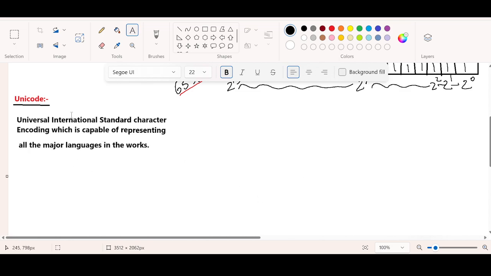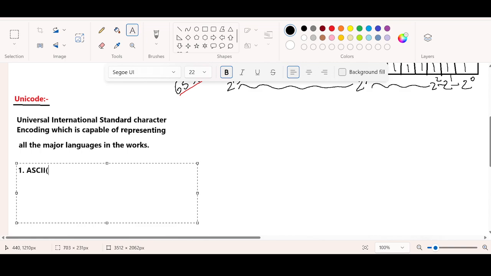Before introducing Unicode, the USA was following a concept called ASCII. This ASCII is a limited concept, applicable only to the English language. It supports only the English language.